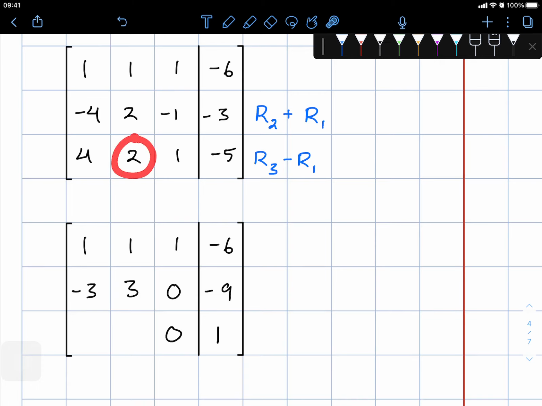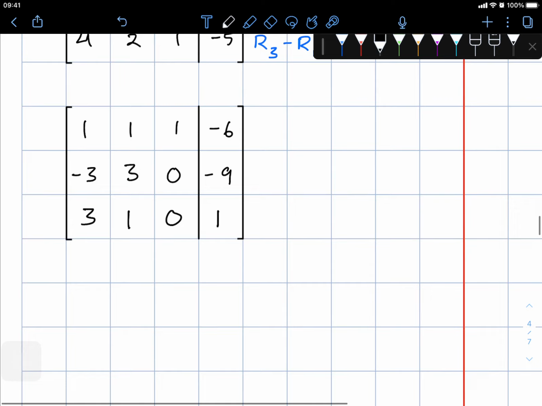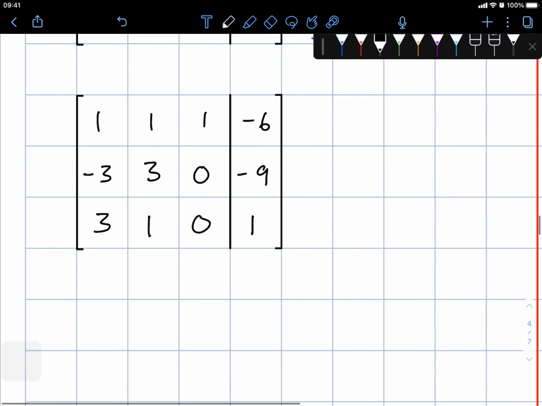Row 3, so that's going to be 2, take away 1, going to be 1, and it's going to be 4 take away 1 gives us 3. So this is where we are up to now.